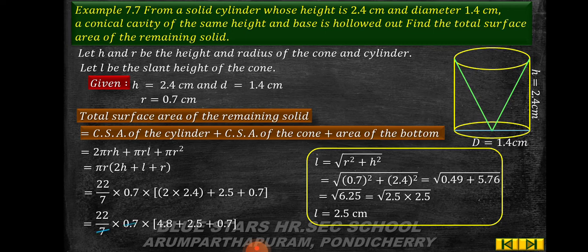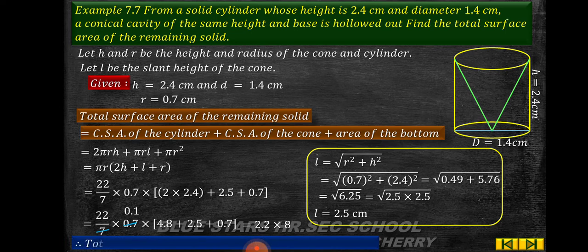So 7 and 0.7 gets cancelled, you get 0.1, which is equal to 2.2 into 8. Therefore, the total surface area of the remaining solid is 17.6 centimeter square.